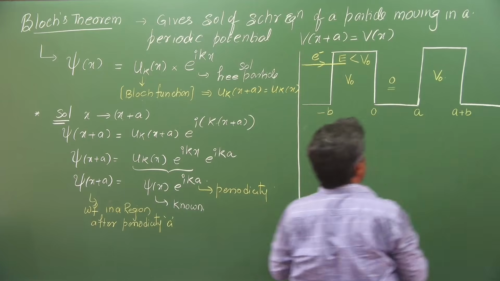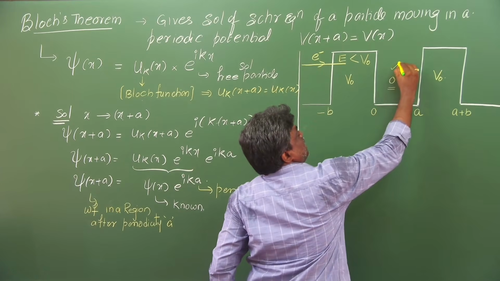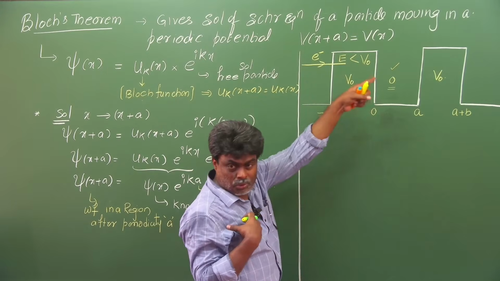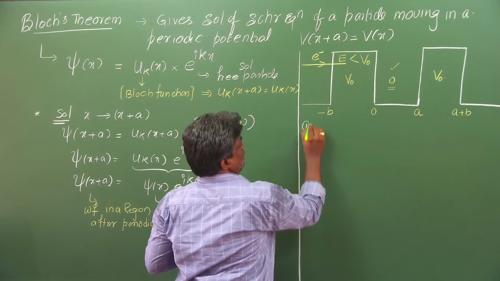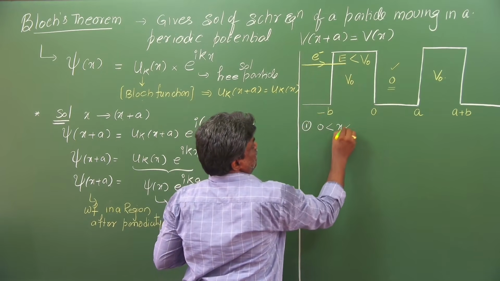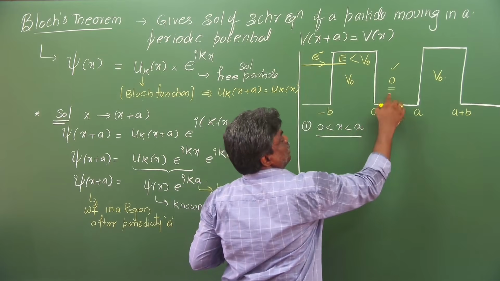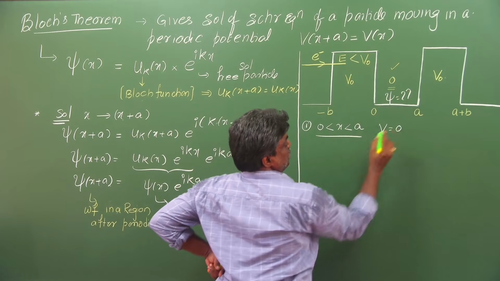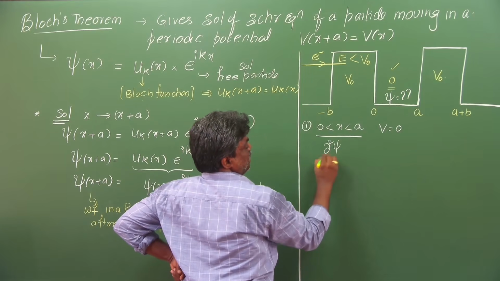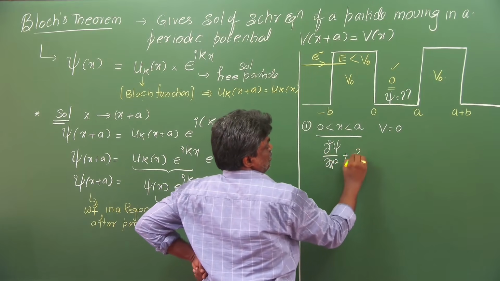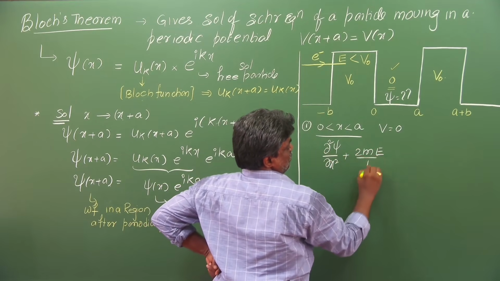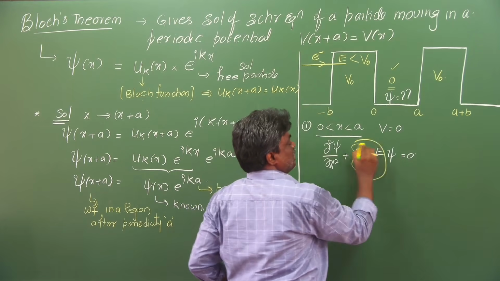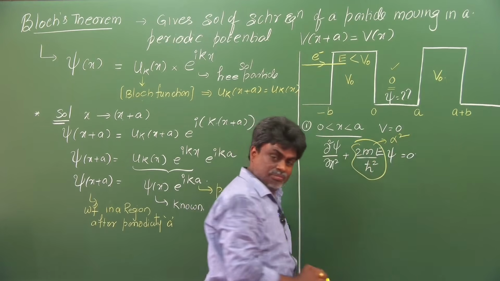Okay, enough. Now I am applying the Schrodinger equation to the problem. First region: 0 less than x less than a. I am going to find the solution. Here the potential is 0. Now I am assuming this as alpha square.